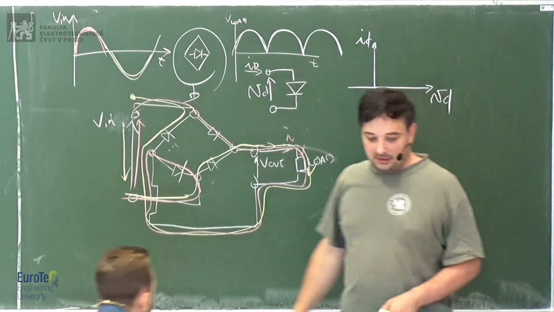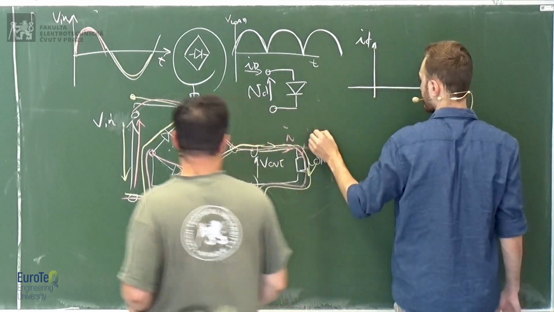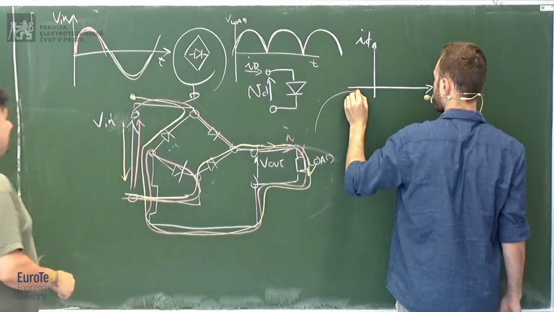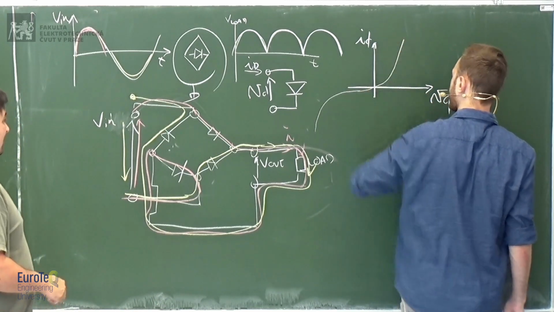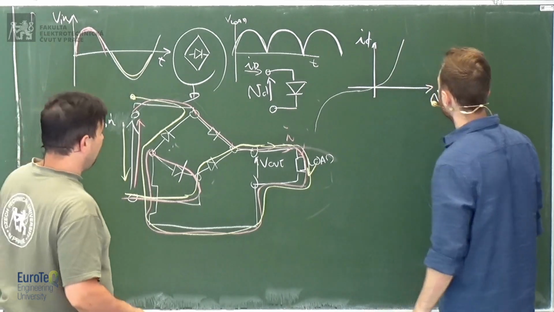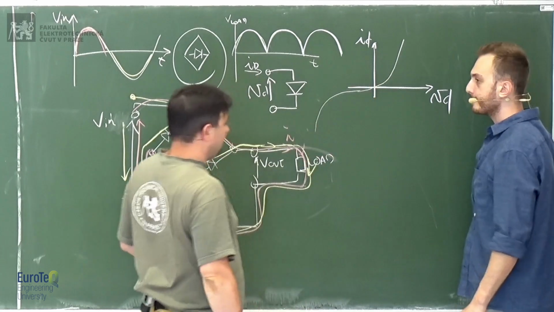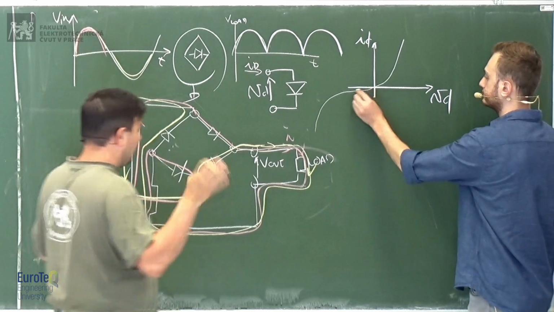Can you plot this characteristic? Here. Okay, you start from there. Wow, fantastic. So you have here more or less an exponential. Not exactly, but you can approximate that.